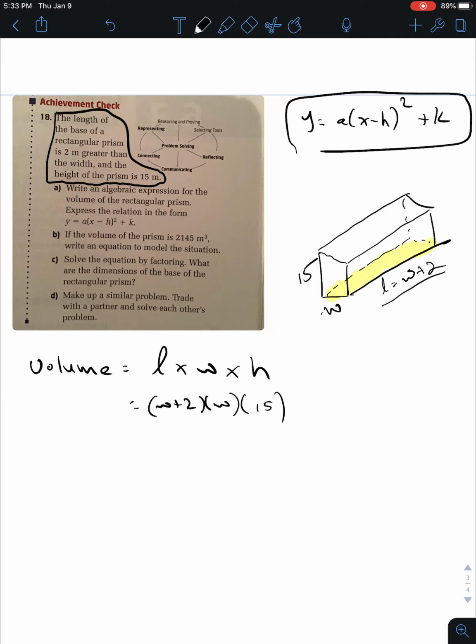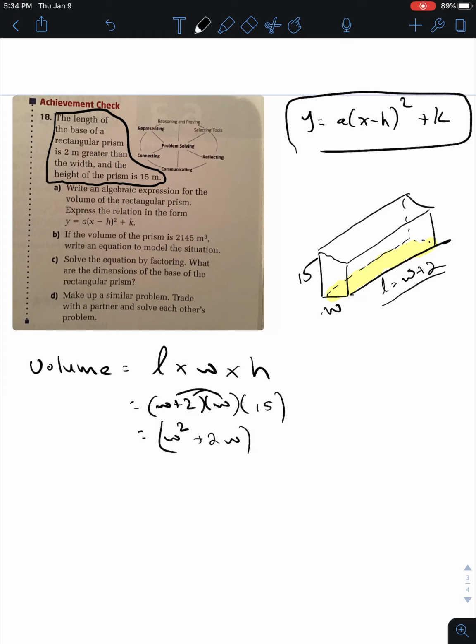You could use the table to do expansion. All you're going to do here is just expand with 3 things, right? So I'm going to do the W plus 2 and put the W into that. If I multiply the W into the W plus 2, I'm going to get W squared plus 2W, right?